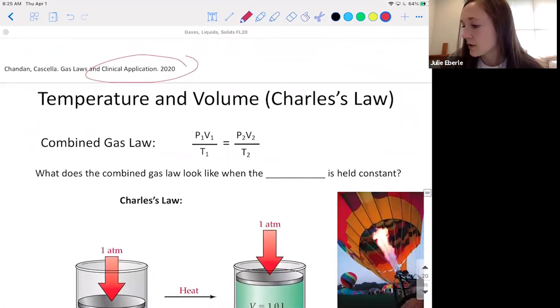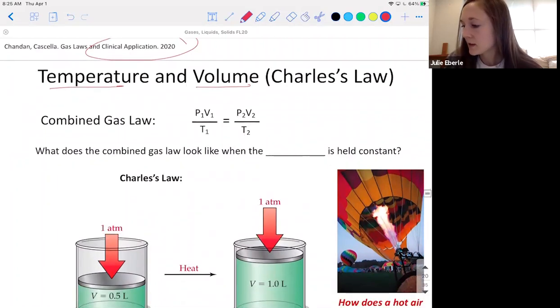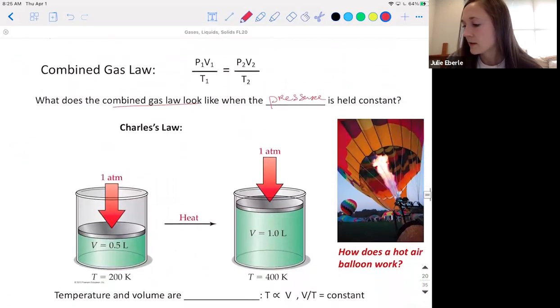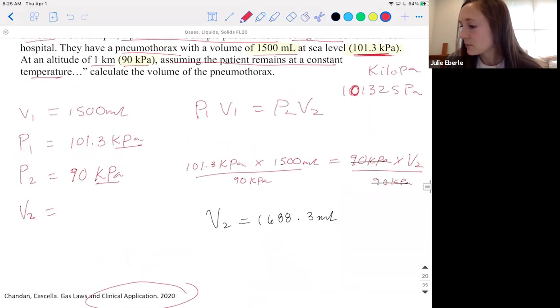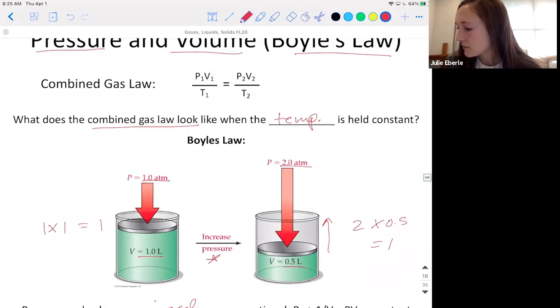Moving on to Charles' law. This is a relationship between what? Temperature and volume. So what are we holding constant? This is what the combined gas law looks like when the pressure is held constant. I think I forgot to write Boyle's law up here on this slide, didn't I?